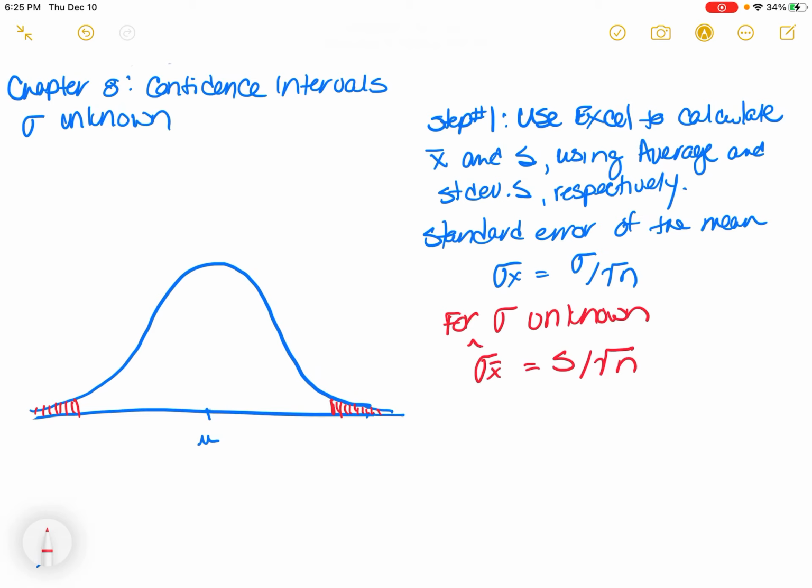And so we know that our upper confidence level, right? This is our lower. And we would use these formulas.